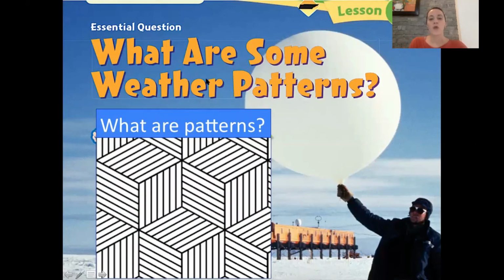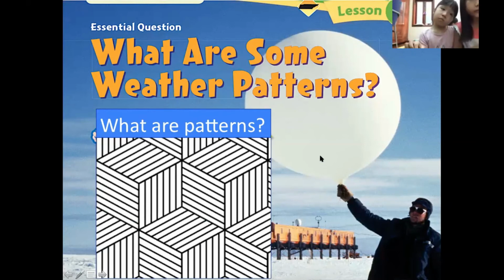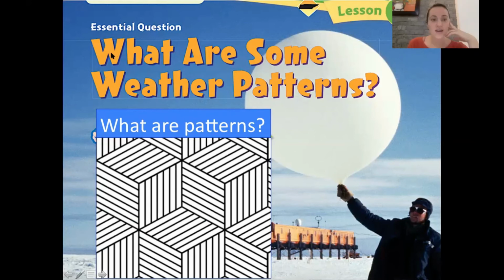So what are some weather patterns? First of all, what are patterns? Hannah, what are patterns? A pattern is something that happens again and again. Very good. It happens again and again.